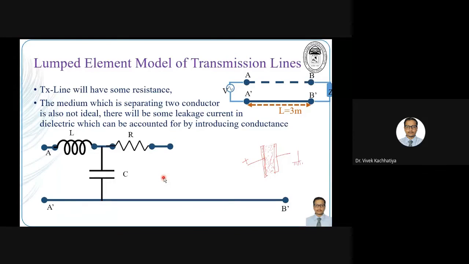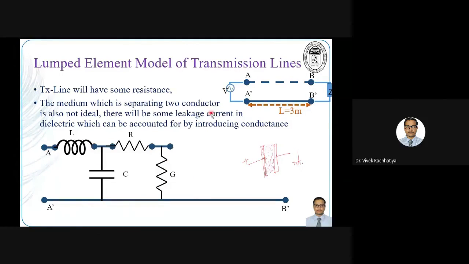One property of a dielectric is that the dielectric material may conduct some electrons from this line to that line, and it will induce a small amount of current, or we can say leakage current. This leakage current in the dielectric will be modeled as a conductance G. This is for a small section.